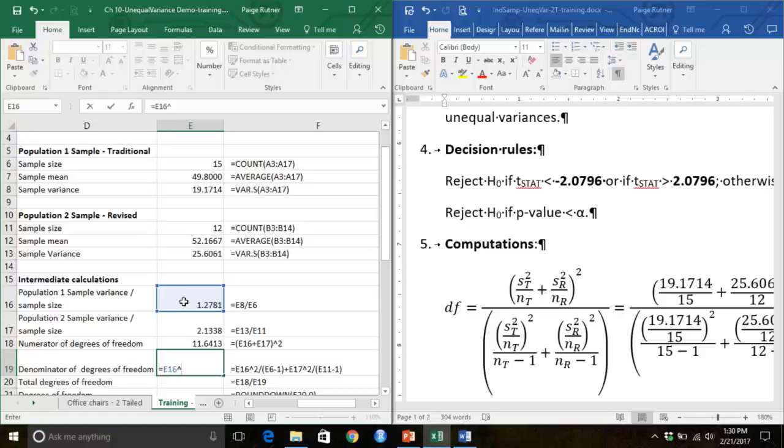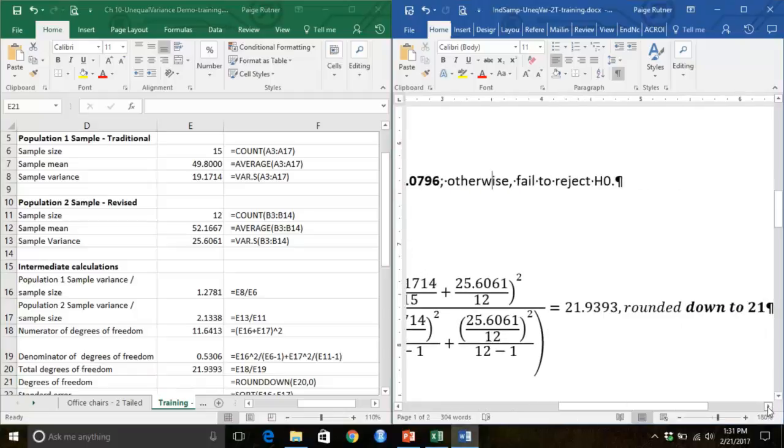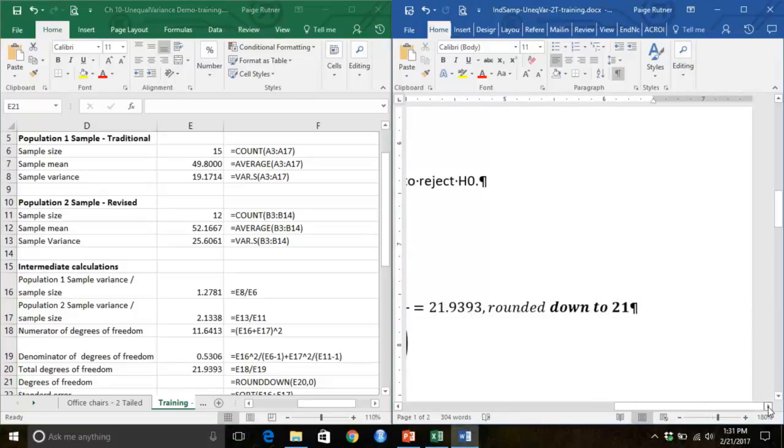So I'm going to take my variance over sample size squared, divide by size of sample 1 minus 1, and then add that to the same computation, variance over sample size squared, divided by the size of sample 2 minus 1. So got my denominator value. Now, to get total degrees of freedom, I'm just going to divide the numerator by the denominator. And I believe 21.9393, I do believe that was the same number we had showing on the slide over here, or showing on the write-up over here.